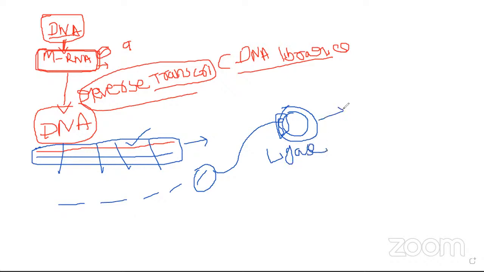Now the plasmid gene and the foreign fragment are both present. This is called recombinant DNA, rDNA.